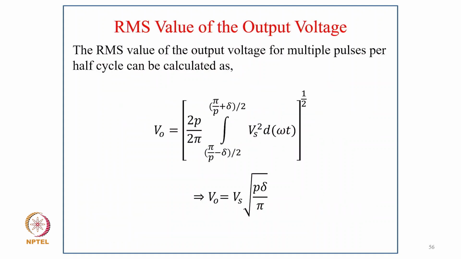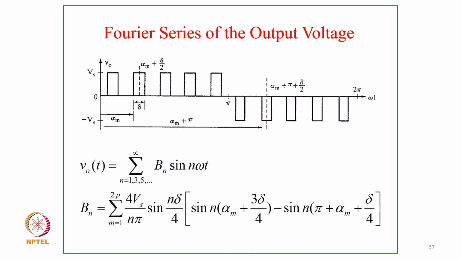The RMS value of the output voltage for multiple pulses per cycle can be calculated as V_O equal to (2p upon 2 pi, integral from pi by p minus delta by 2 to pi by p plus delta by 2 of Vs square d omega t) to the power half, so V_O equals Vs under root p delta by pi.